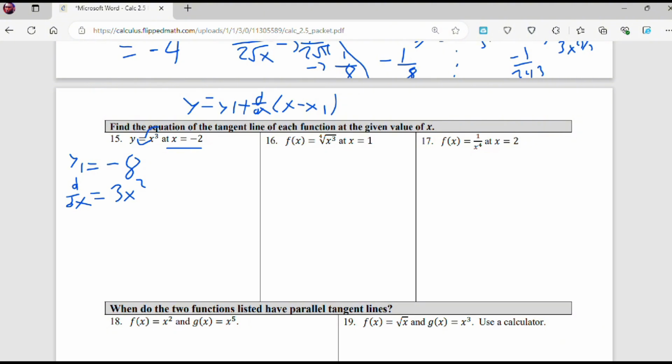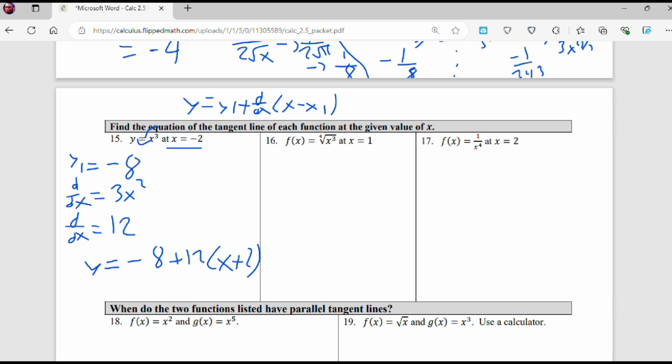But we still have to find our derivative at the point, so we can't leave 3x squared. 3 times negative 2 squared is going to be 12. So we have everything we need. y equals negative 8 plus our slope, 12, times x minus negative 2, or x plus 2. Simple as that.